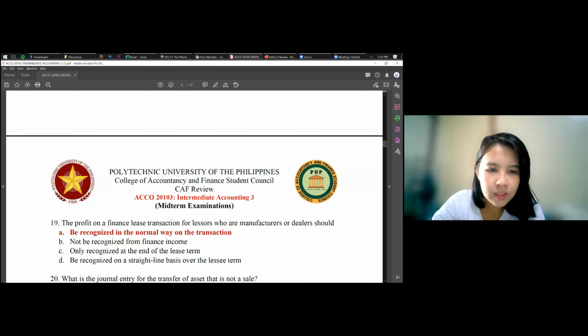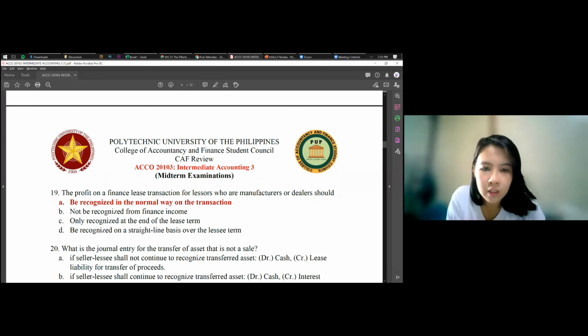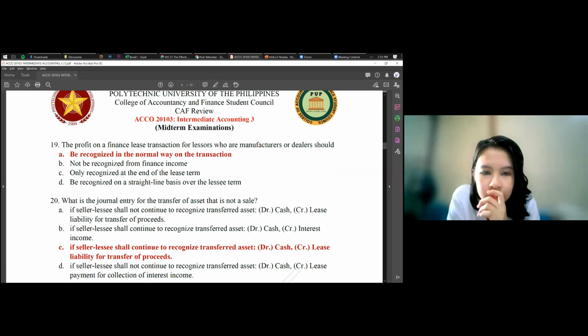What is the journal entry for the transfer of asset that is not a sale? If a seller lessee shall not continue to recognize transferred asset, debit, cash, credit, lease liability for transfer of proceeds. Okay. Sige, let's consider. If seller lessee shall continue to recognize transfer asset, debit, cash, credit, interest income.